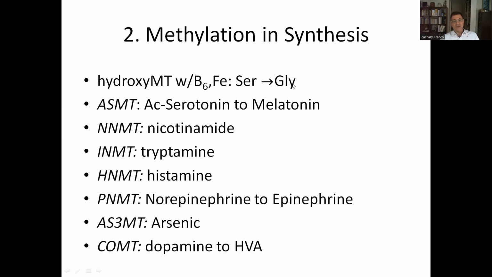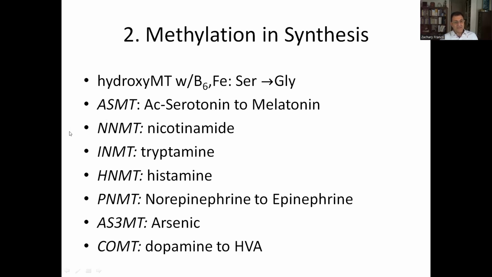It turns serine into glycine. It's not important per se that we want to change serine into glycine, but that's a requirement for part of the other stuff that's going on. And this enzyme requires vitamin B6 and iron.